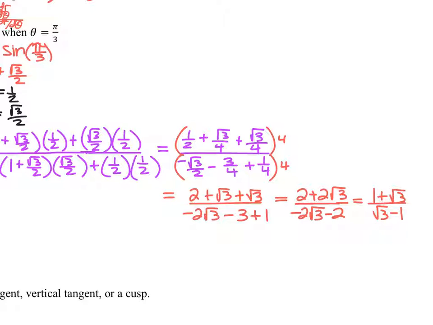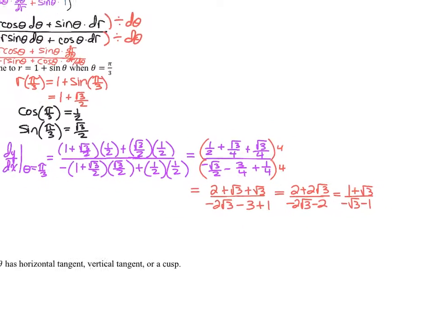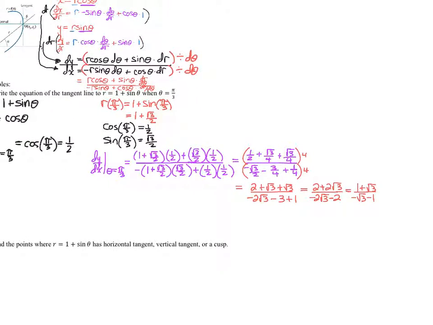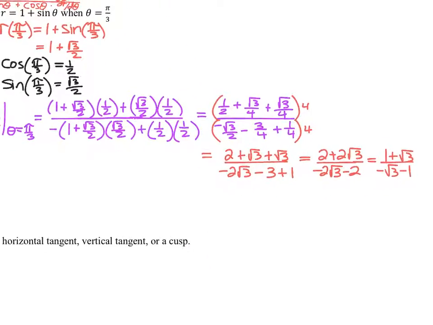Let me actually make that look more like a negative symbol. All right, now that's the slope of the tangent line. They said write the equation of the tangent line.